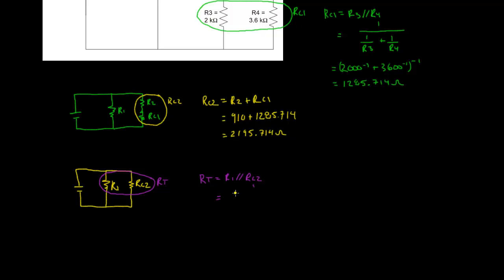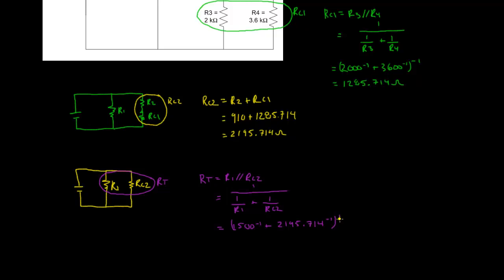So this equals 1 over R1 plus 1 over RC2. Putting some numbers in, we get for R1 of 1500 inverse plus our value for RC2, which is 2195.714 inverse.